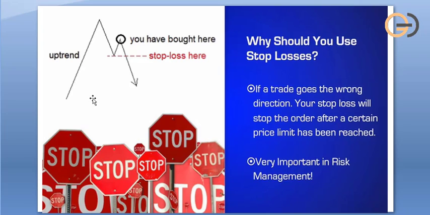If a trade goes the wrong direction, your stop loss will stop the order after a certain price limit has been reached. So you set the limit that the price will get to, and then you can leave the market. So it's very important in the aspect of risk management.